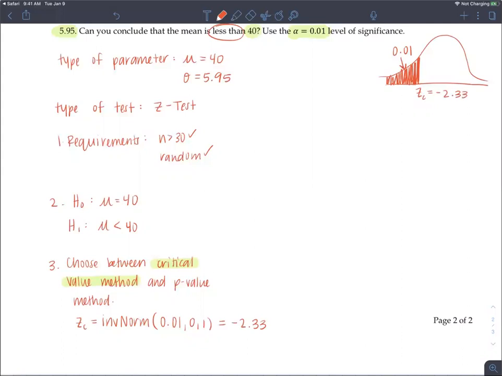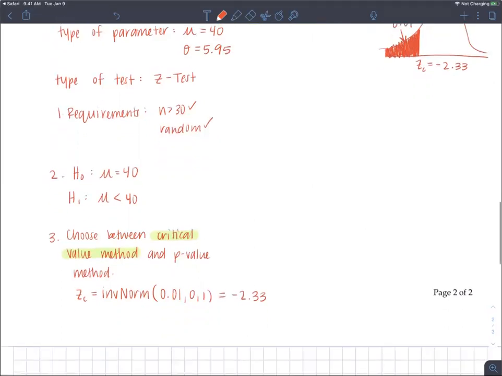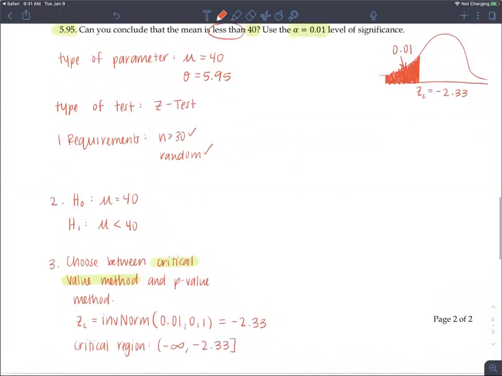So basically your critical region is all of the values less than negative 2.33. If you remember from when we first started doing critical regions, we found intervals, so it goes from negative infinity up to negative 2.33. These are the unusual values.